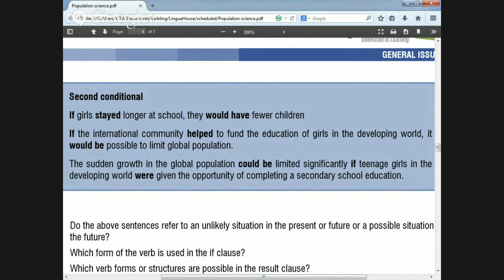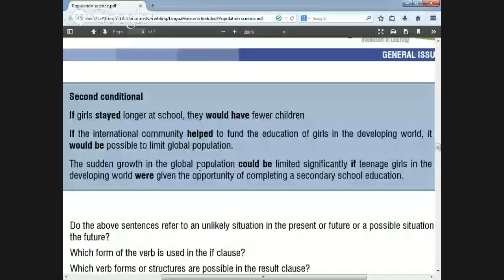The first one was a possible event. This one is an unlikely situation. And when you have an unlikely situation, you use the past tense, would, could, should, and so forth.